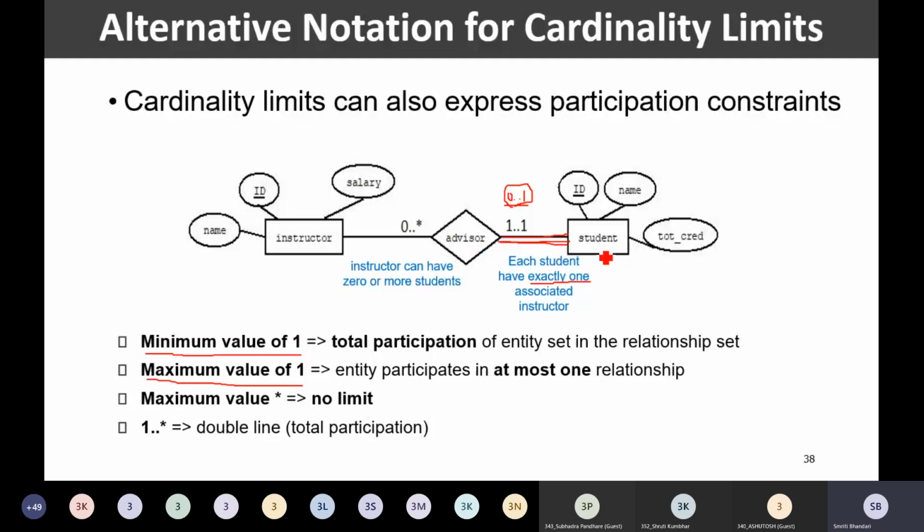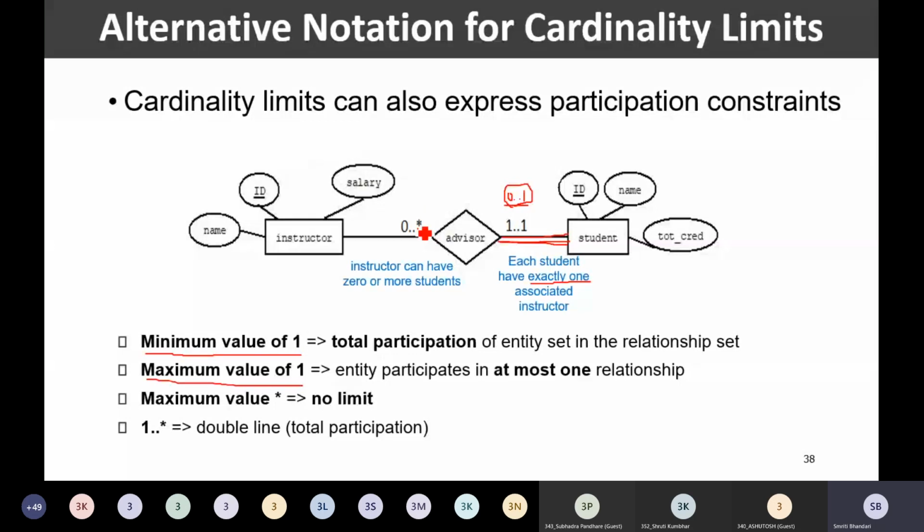Now, if the maximum value is asterisk or star, this means that there is no limit, right? That is why we mentioned here, if it is 0 to star, that means an instructor can have 0 or any number of students associated, no limit.